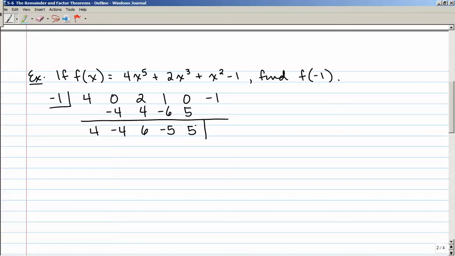Negative 1 times 5 is negative 5. Add those, negative 6. Remember, the remainder is the number I'm looking for. So f of negative 1 is negative 6. Seems a little tedious, but I think it's actually easier once you get the hang of doing the synthetic division. This is sometimes also called synthetic substitution.